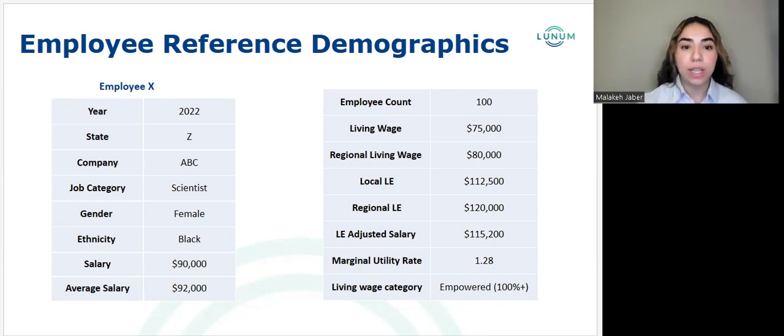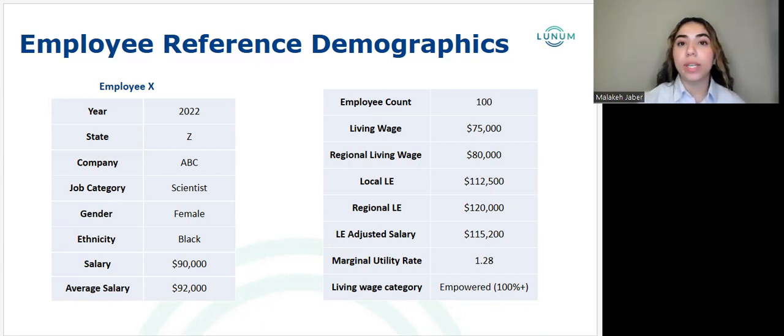So for state Z, that satiation point, where no matter how much more money you earn, you're not going to continue to receive a unit increase of happiness, is at 112,500. It's important that we distinguish the satiation point from the living wage. You'll see here employee X is earning above the living wage, but she's still earning below the local satiation point.